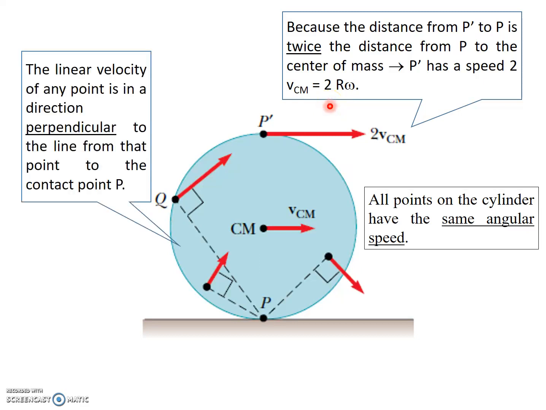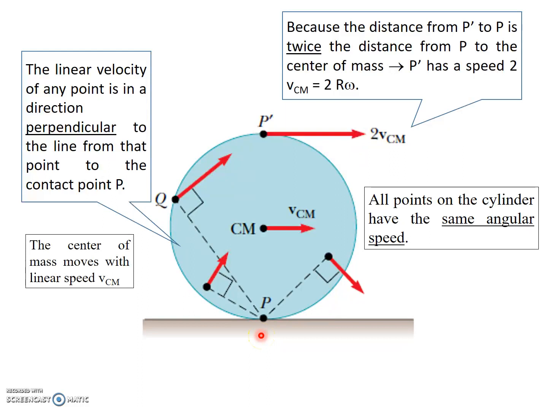The linear velocity of any point is in the direction perpendicular to the line from that point to the contact point. For example, from this point to the point of contact P, the speed direction is perpendicular to that line.